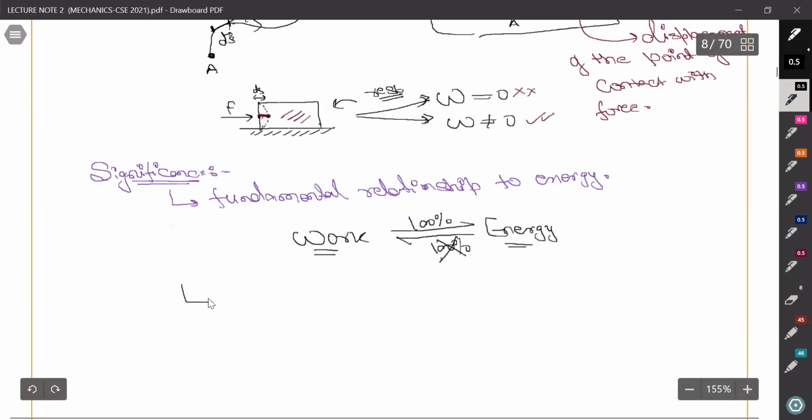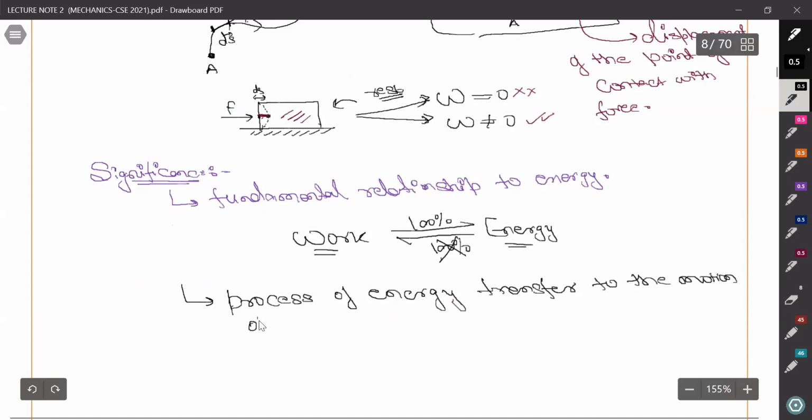Okay, next one, it is the process of energy transfer to the motion of an object via application of force.